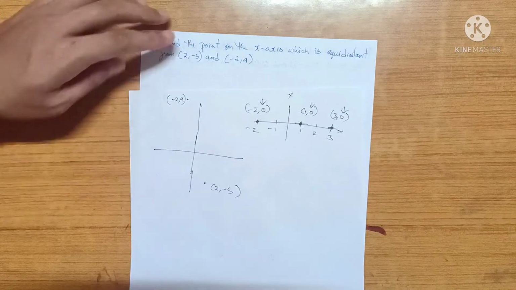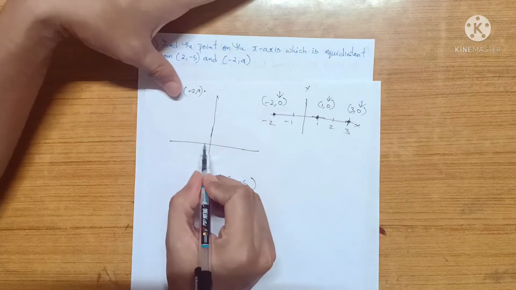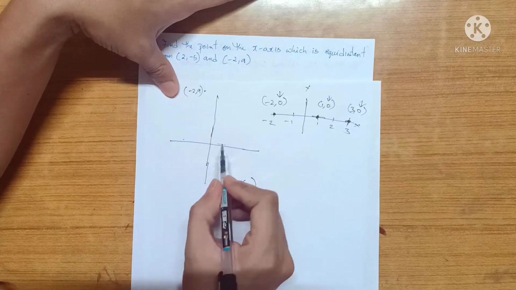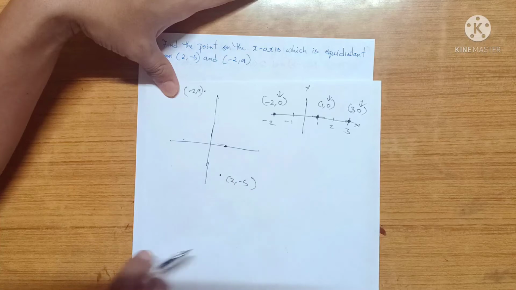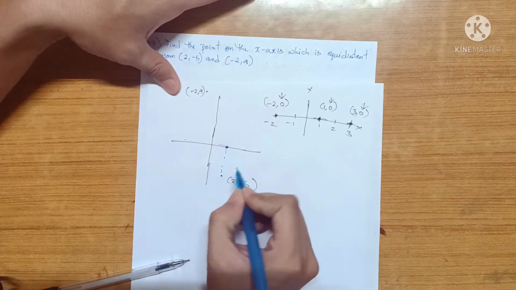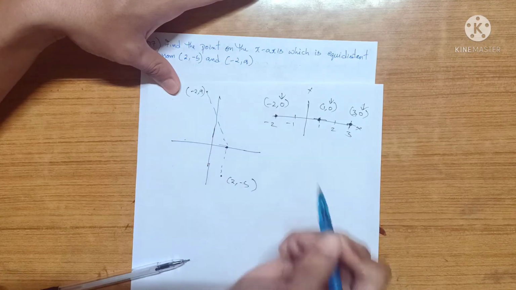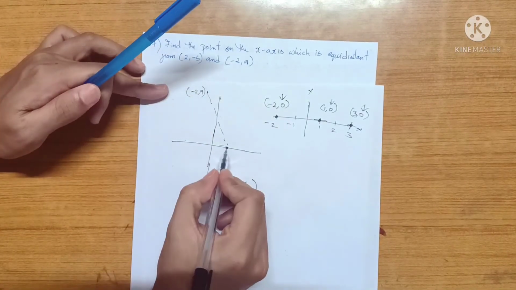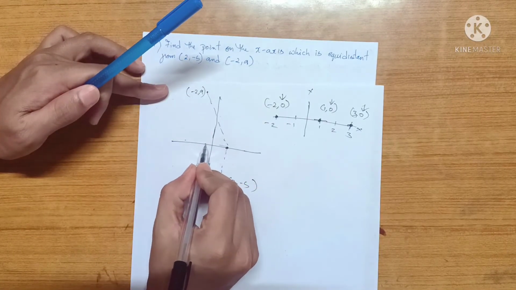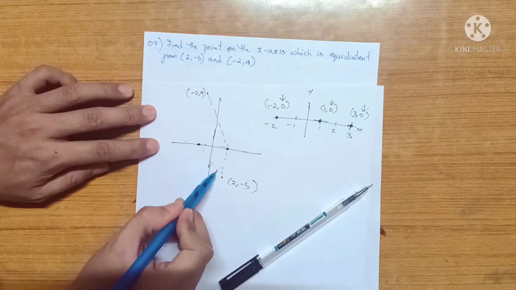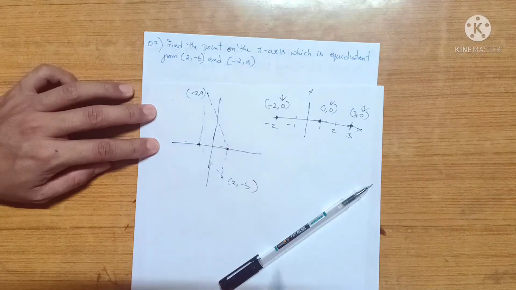We have to find a point on the x-axis such that if I put a point here and draw a line to each of the two points, we can clearly see that this is longer than this. So we have to adjust the point in such a way that the distance between these two and these two is the same.